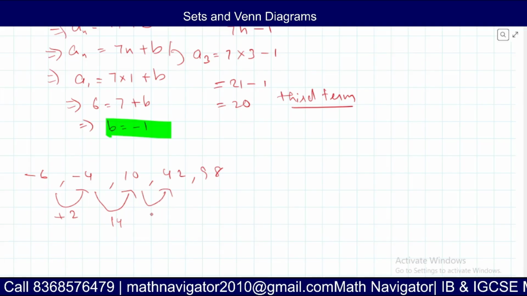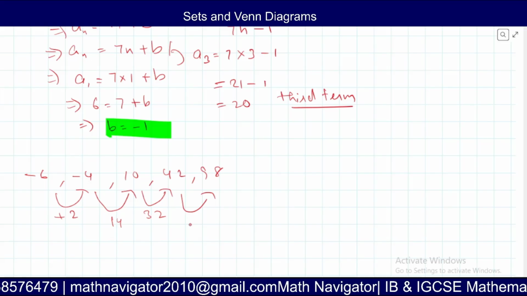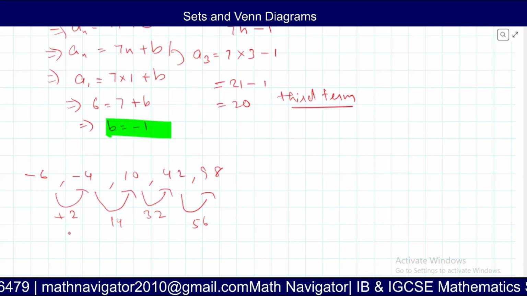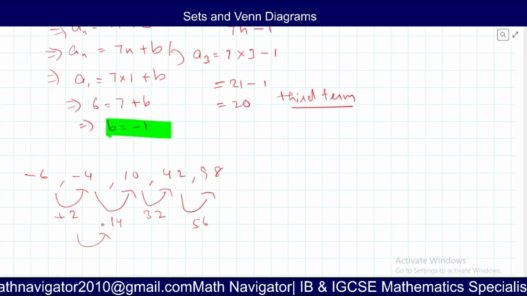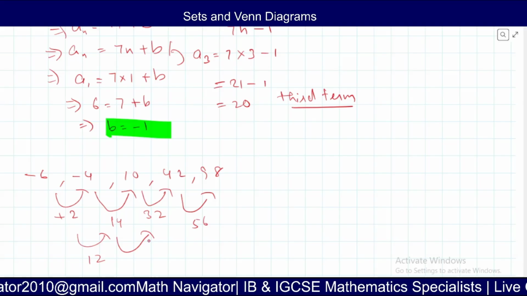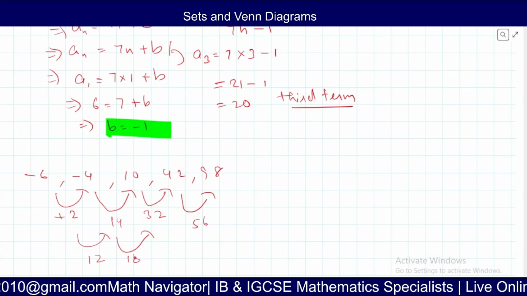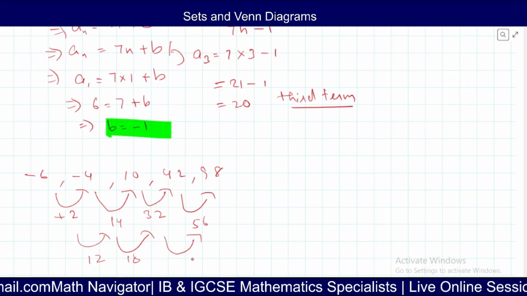And I have to add here 32. And I have to add here 56. Perfect. Then let's see what I have to add here. I have to add here 12. I have to add here 18. I have to add here 24, right?